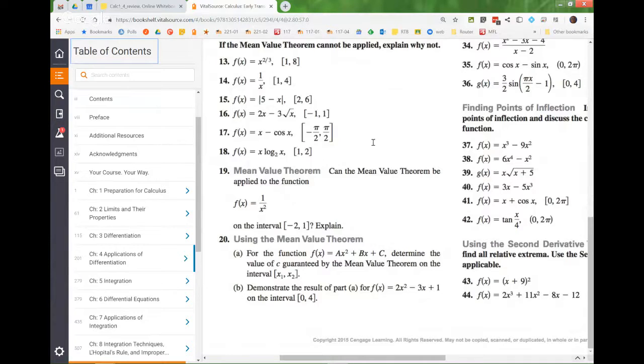If they want to know when the function is increasing or decreasing, that's when you're going to plug it back into the first derivative. And if they ask you when the thing is concave down or concave up, then you're going to have to plug it into the second derivative equation.